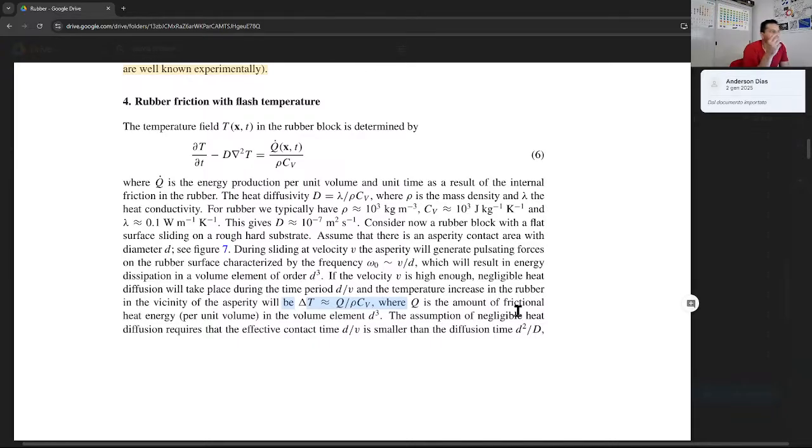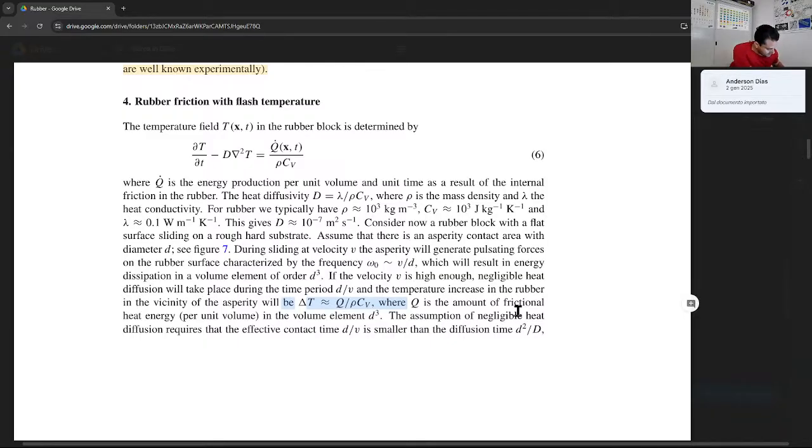The heat diffusion is negligible when some assumptions are obeyed. For that, my contact time, d divided by v, must be smaller than the diffusion time, which is given by d squared divided by D. Capital D is the thermal diffusivity, as you see on the screen.